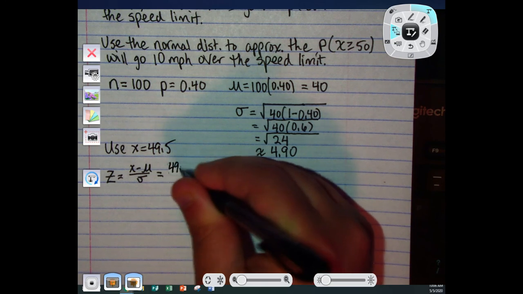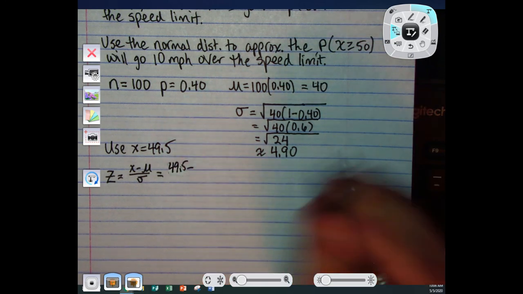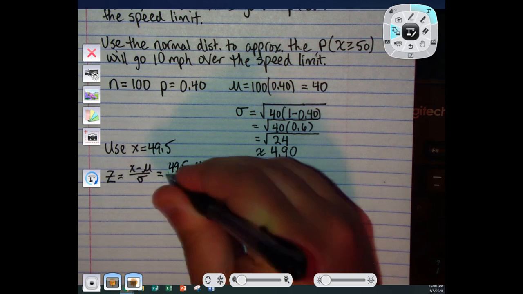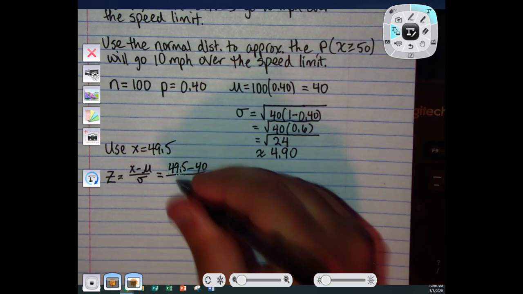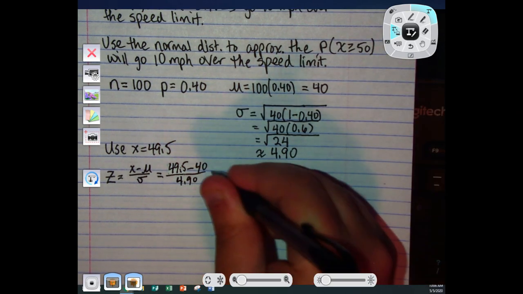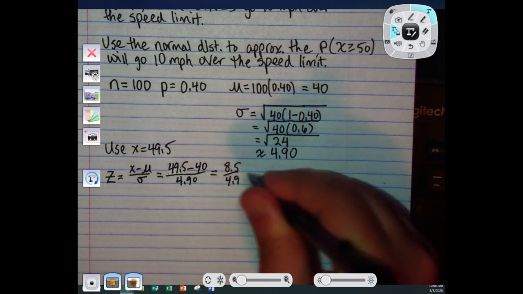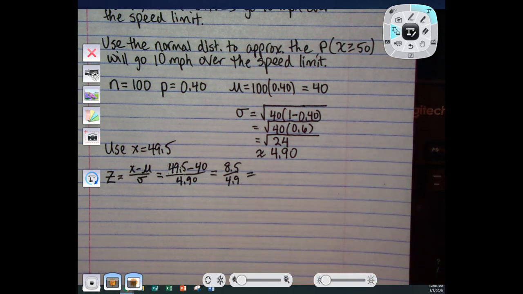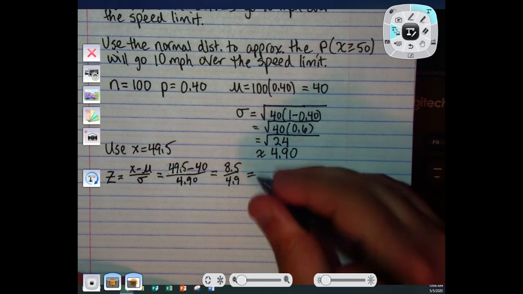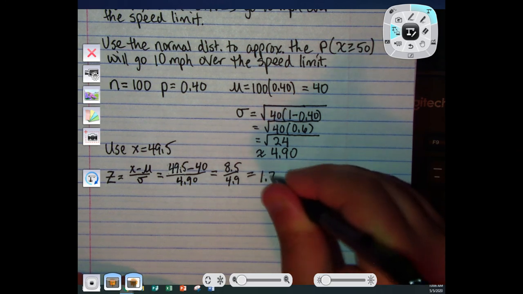So it'd be 49.5 minus 40 divided by 4.90. That would be 8.5 divided by 4.9, which gives us a z-score of 1.73.